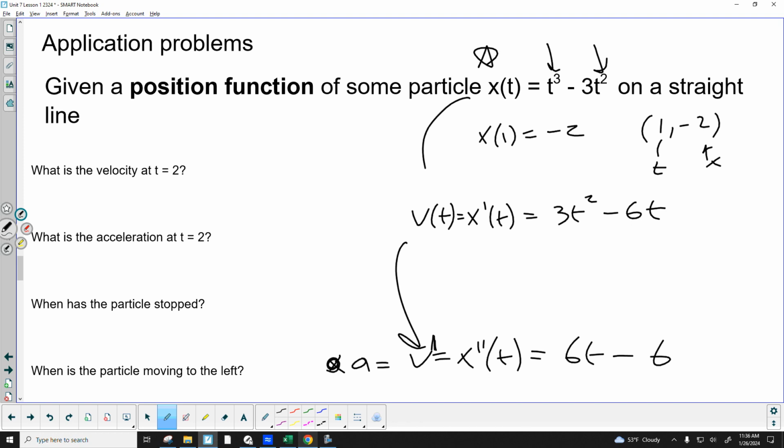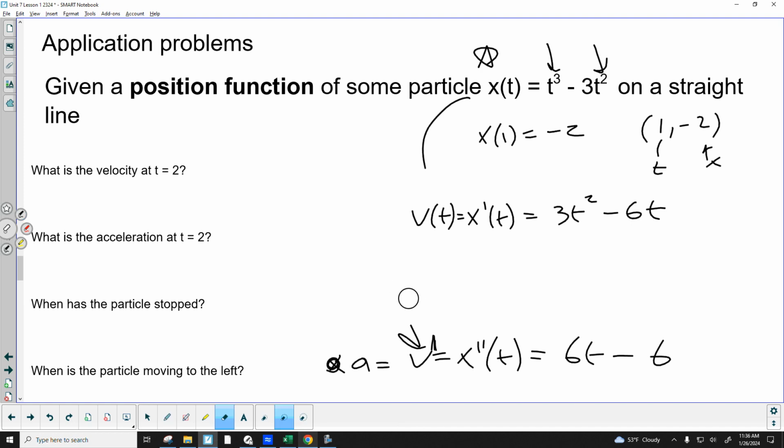You just found an acceleration equation by taking a second derivative. It is just f prime, f double prime, but physics says x prime is v, and they didn't tell you that. Physics says x double prime is a, but they didn't tell you that. Cool. It's not that bad.